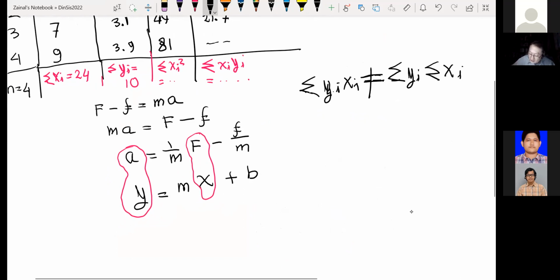Okay, in this case, you multiply first, and then sum them up. Okay, while this one, sum first and then multiply. Okay, any question? Okay, if no question, please, Kak Nasir.